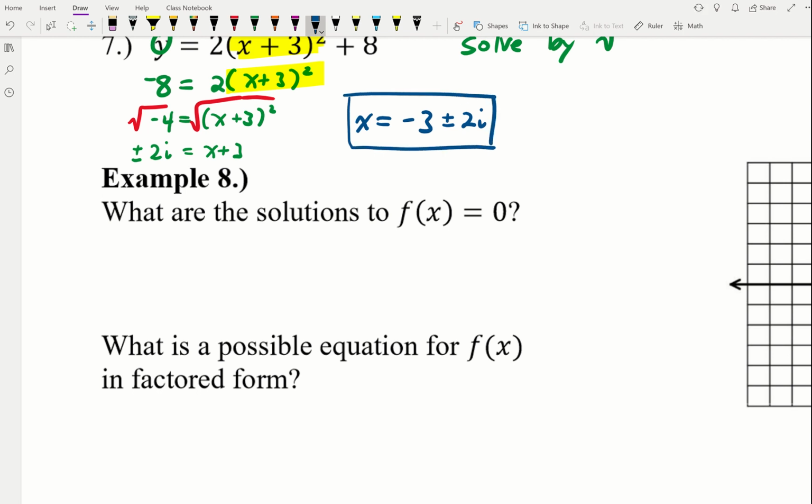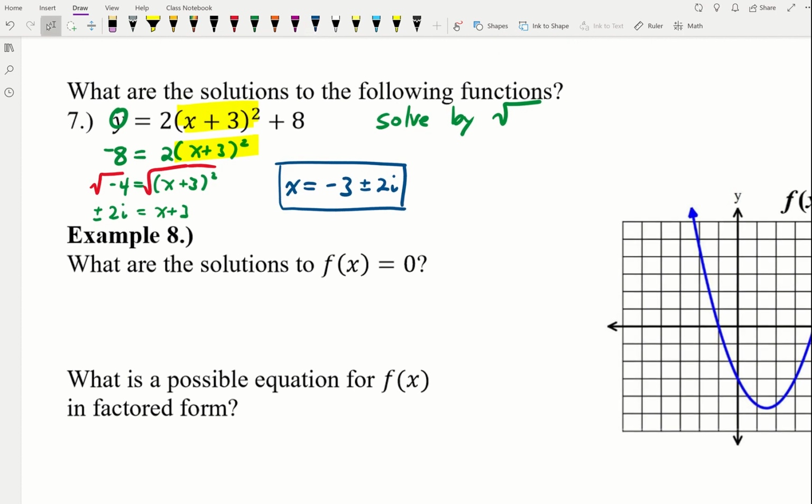All right. And when our answers are complex, so I'm going to make a little note. When your answers are complex, the graph has no x-intercepts.